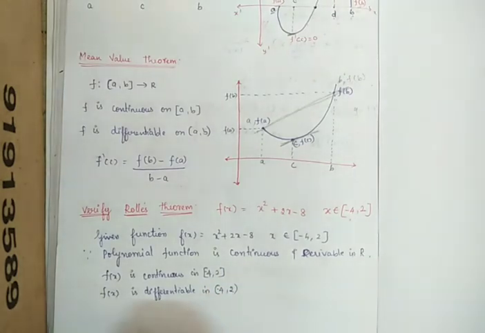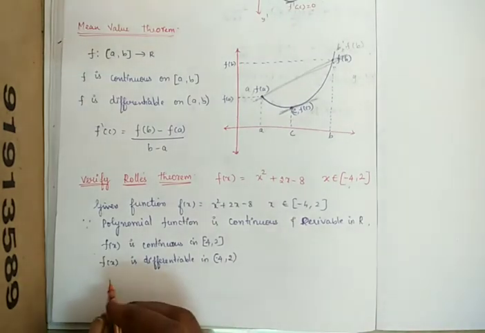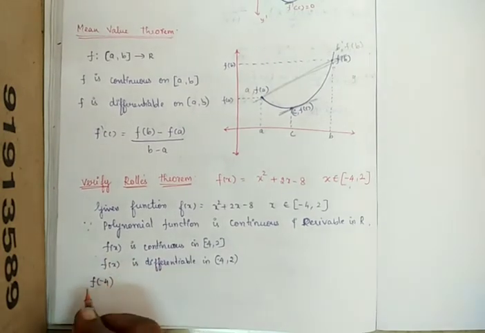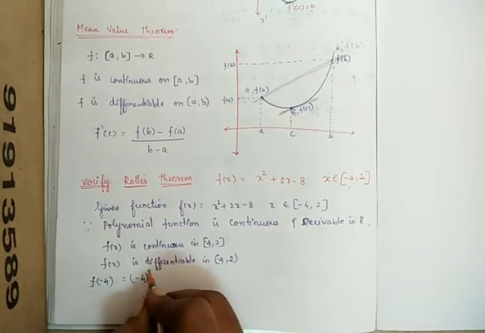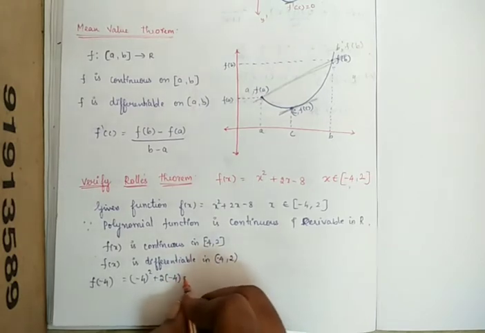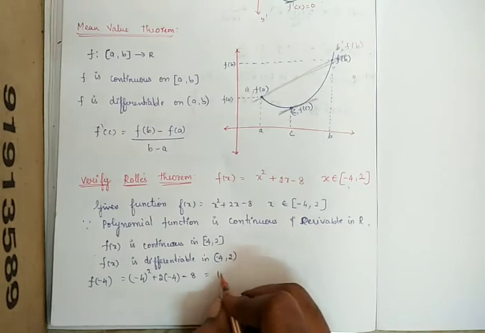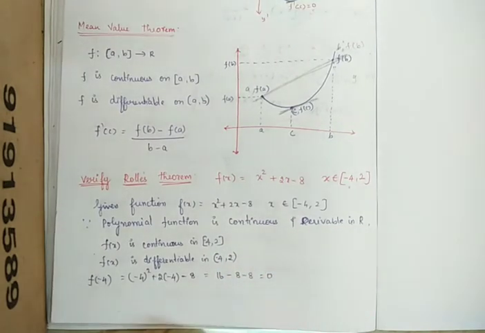Now when it is continuous and differentiable, the definition requires f of a to be equal to f of b. Let us check. f of minus 4 is equal to minus 4 the whole square plus 2 into minus 4 minus 8, that is 16 minus 8 minus 8, which is 0.